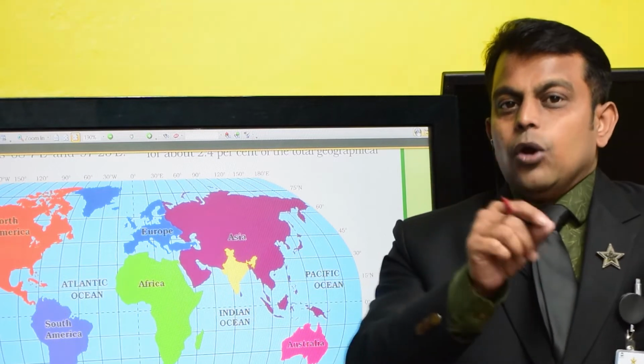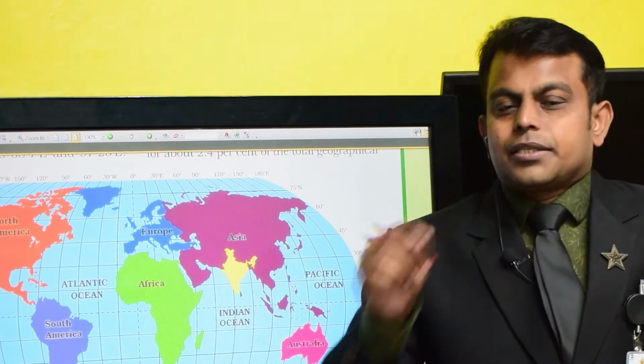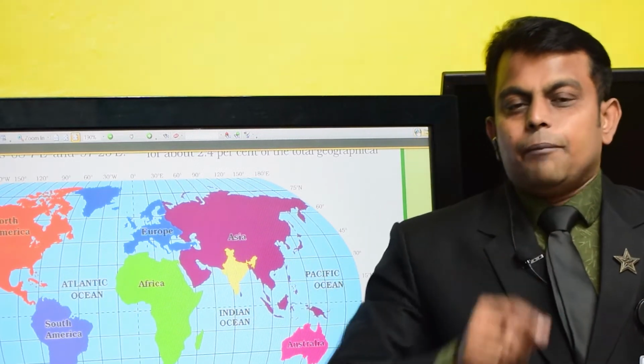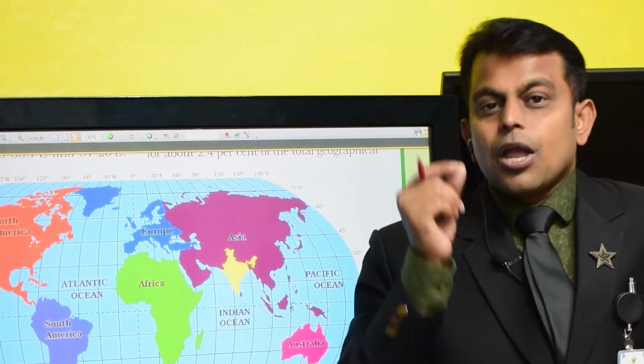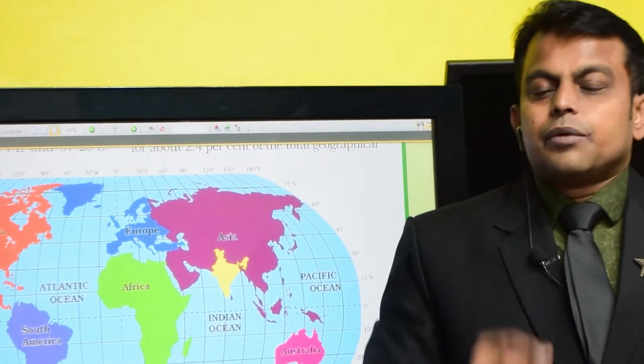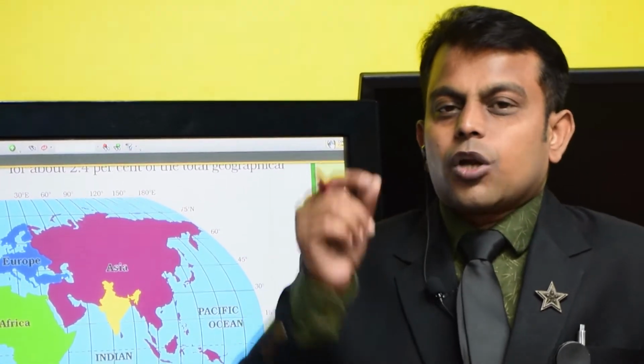The options might be Rajasthan, Madhya Pradesh, Chhattisgarh and Orissa. Students have to pick up that Orissa is not crossed by the Tropic of Cancer.